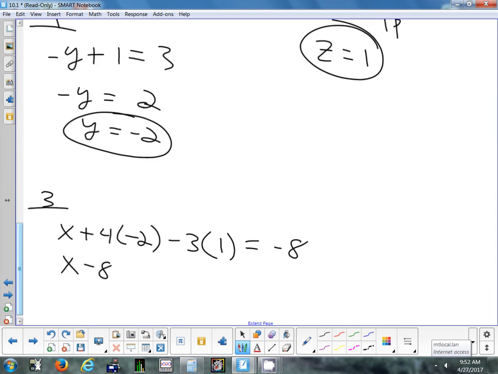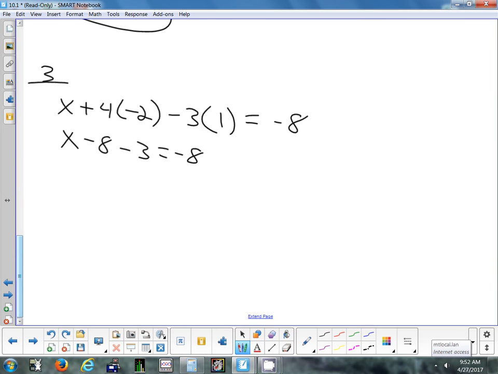Negative 3 times 1 is negative 3. What's negative 8 minus 3? Negative 11. And then add 11, x equals 3.